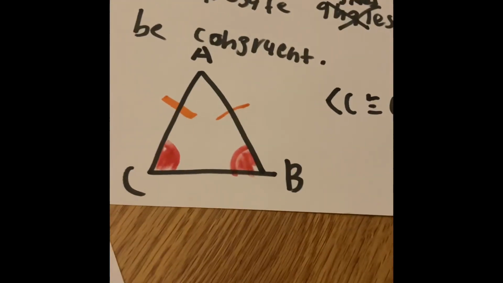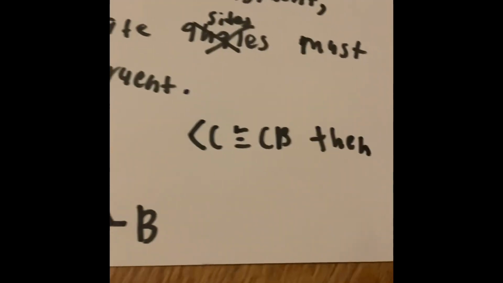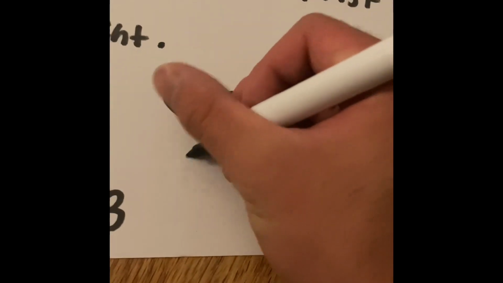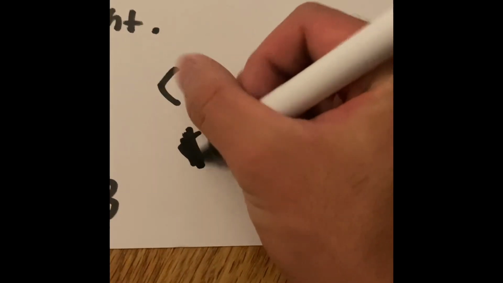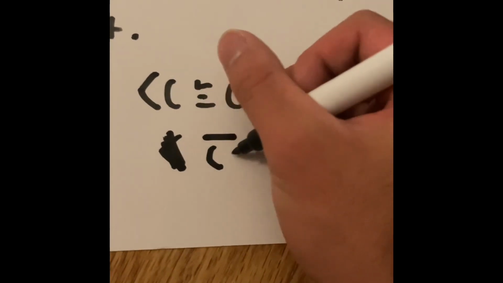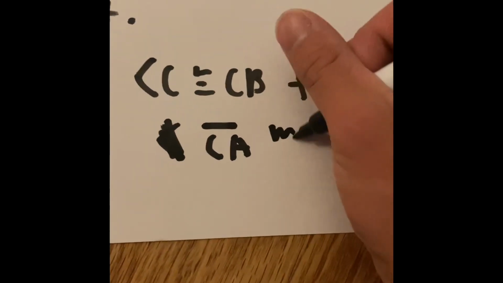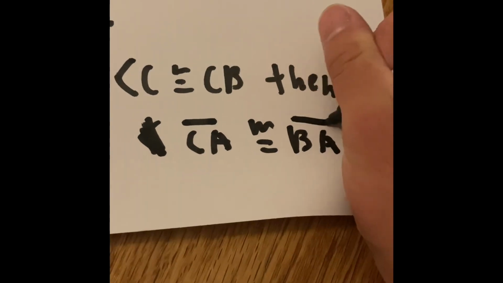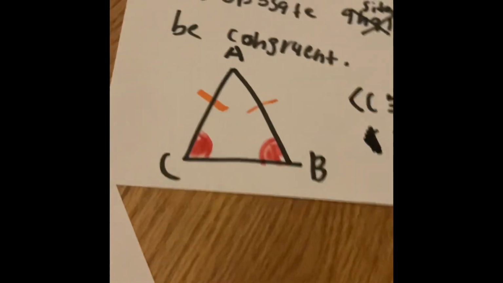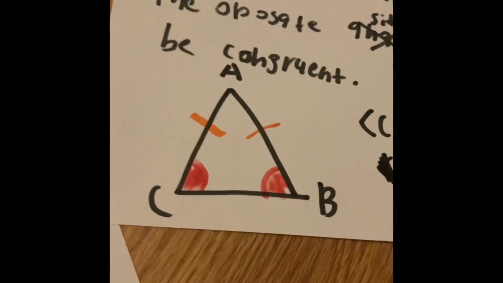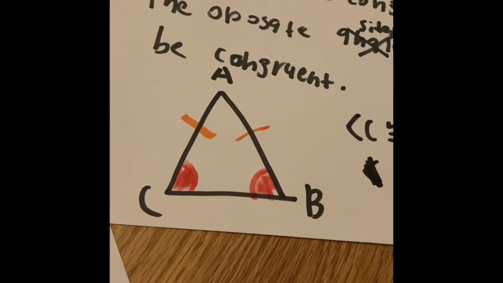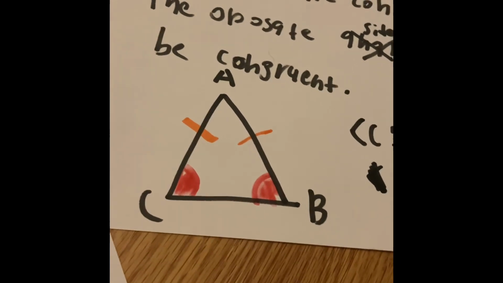So now we can say that if angle C and angle B are congruent, then we can say segment CA is congruent with segment BA. So this is an express proof to understand if there are angles or segments that are congruent to each other in a triangle.